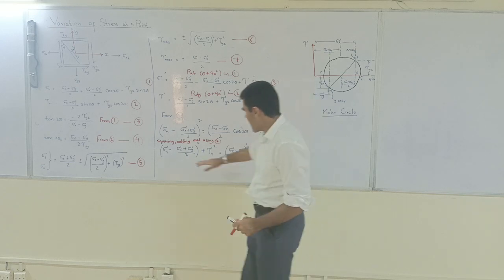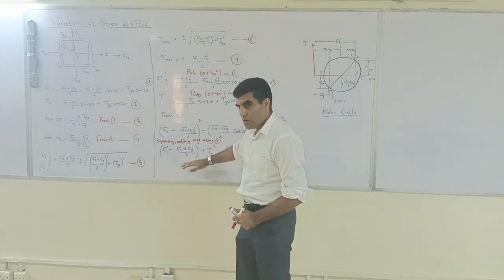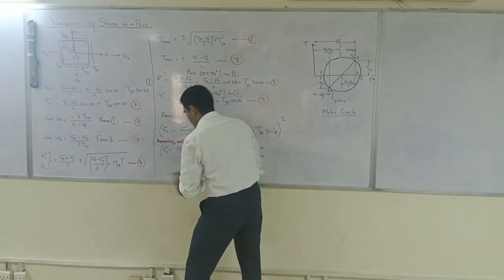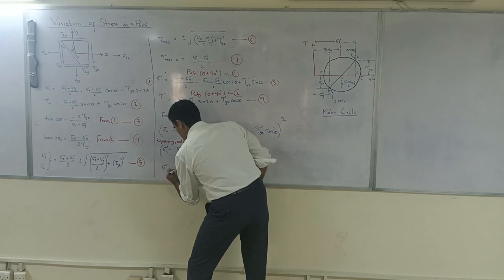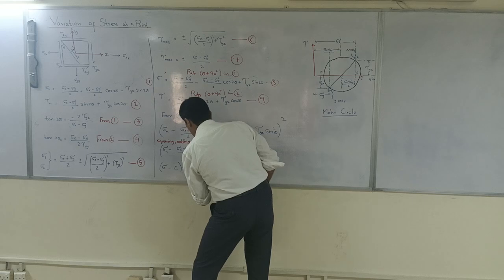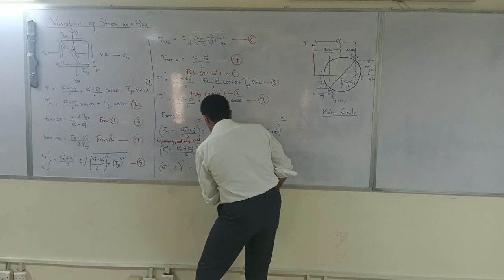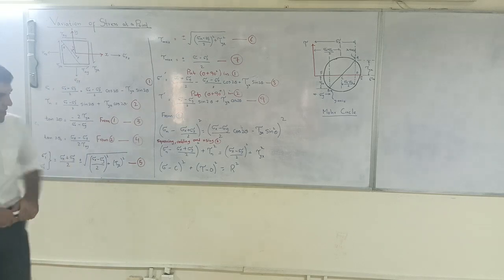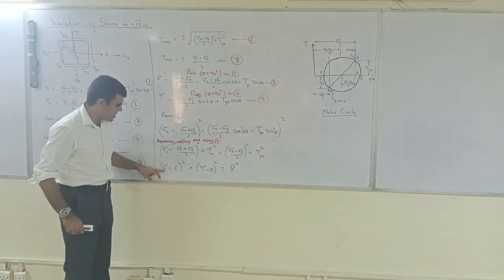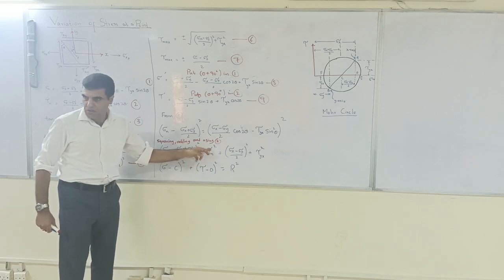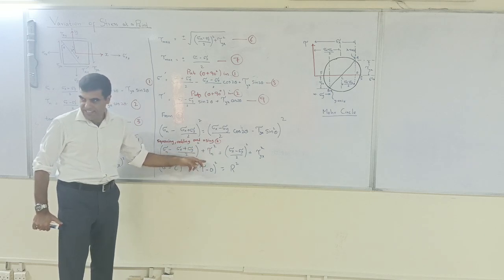This is the equation of a circle. Stress minus C, this is my C. Tau minus 0, the second ordinate is located at 0.